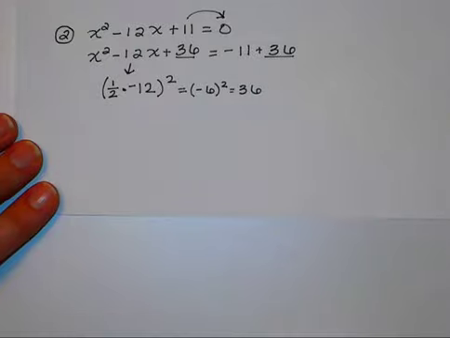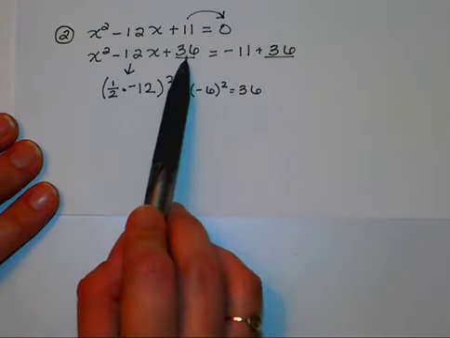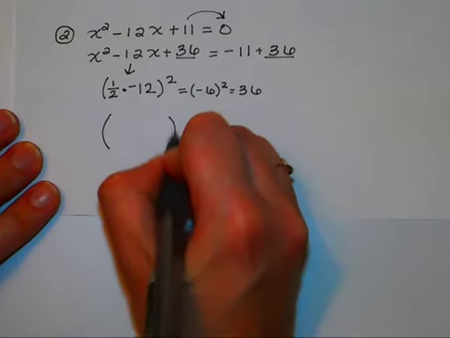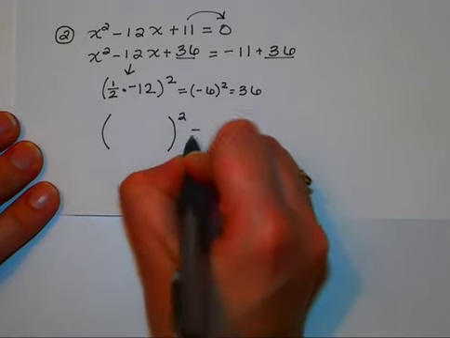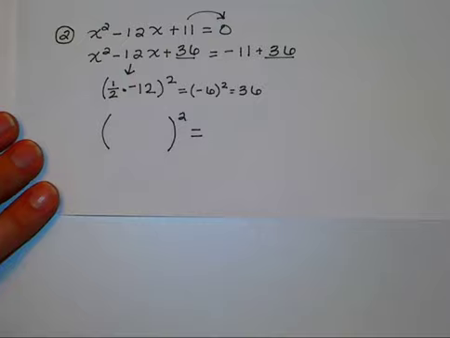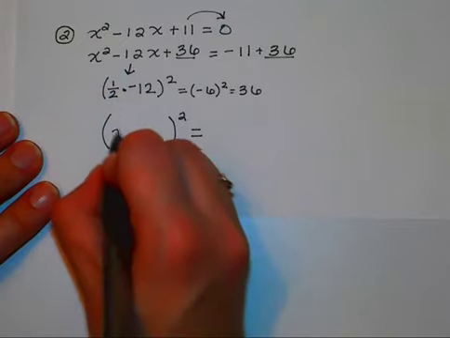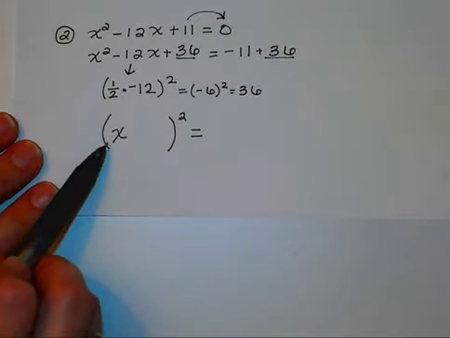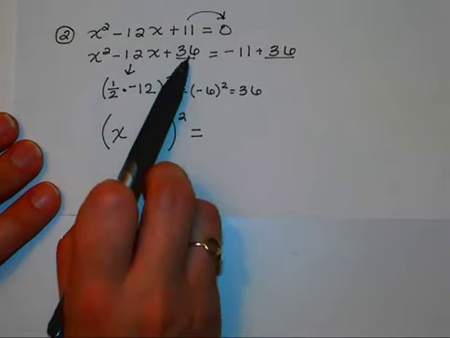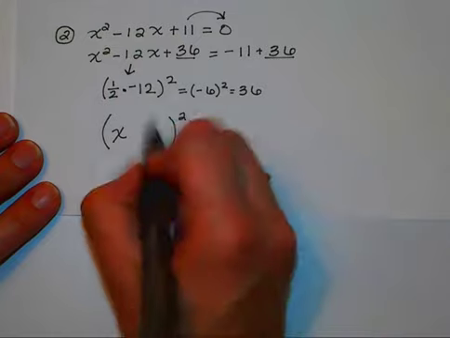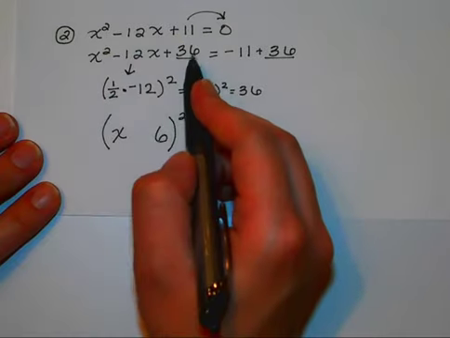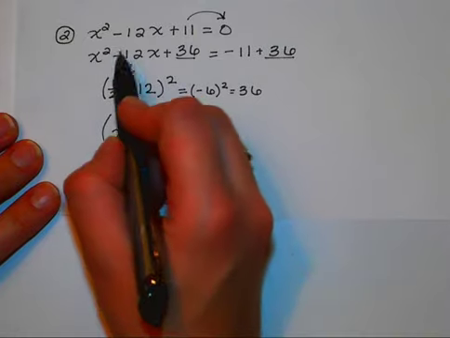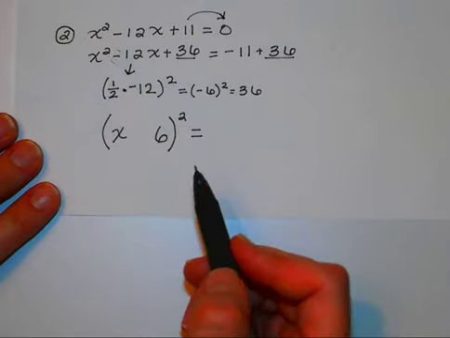Now the left side of our equation is a perfect square trinomial, so we can factor it into one large parenthesis squared. The square root of the first term goes at the beginning of the parenthesis, so the square root of x squared is x. The square root of the last term goes at the back of the parenthesis, so the square root of 36 is 6. And we take the sign from the middle of our expression.